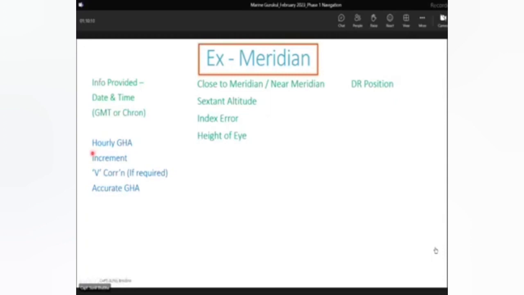We obtain the almanac information of the body. We get the hourly GHA, apply the increment, apply the V correction increment if required in case of planets and moon, and we get the accurate GHA of the body.